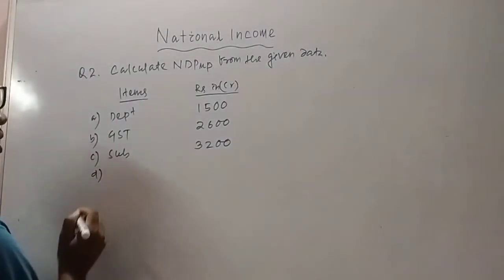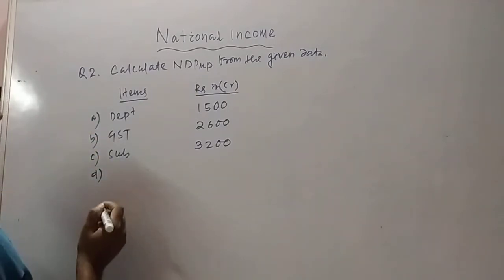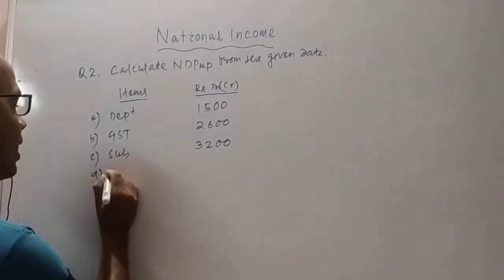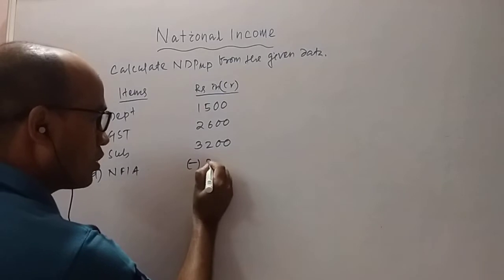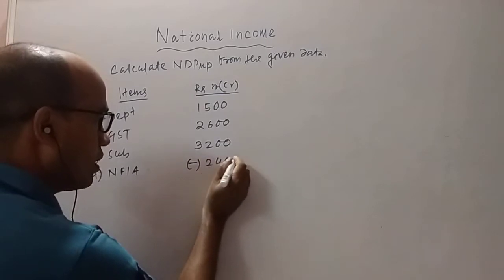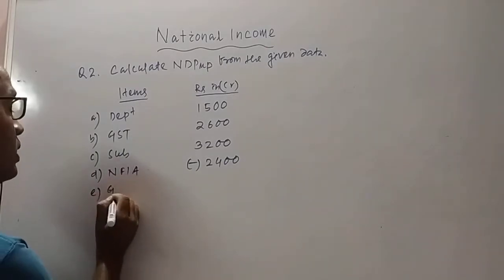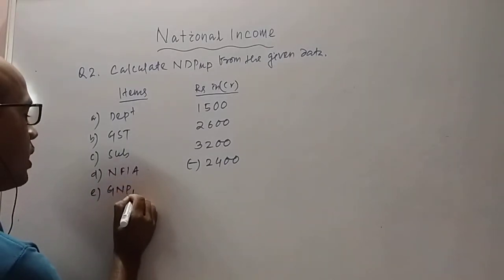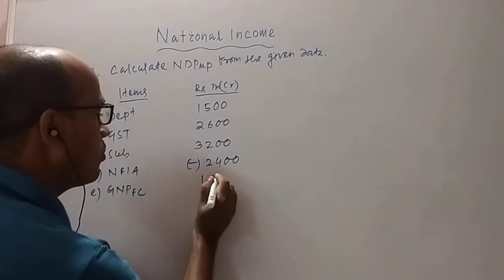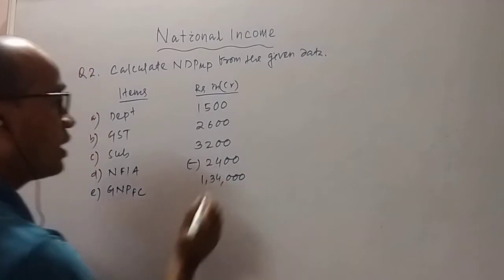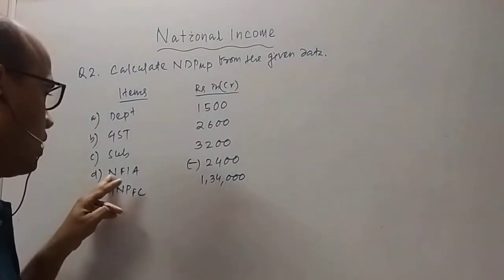Another is NFI, which is mentioned as minus 2,400, and the last one given is GNPfc, 1,34,000. Are you getting?